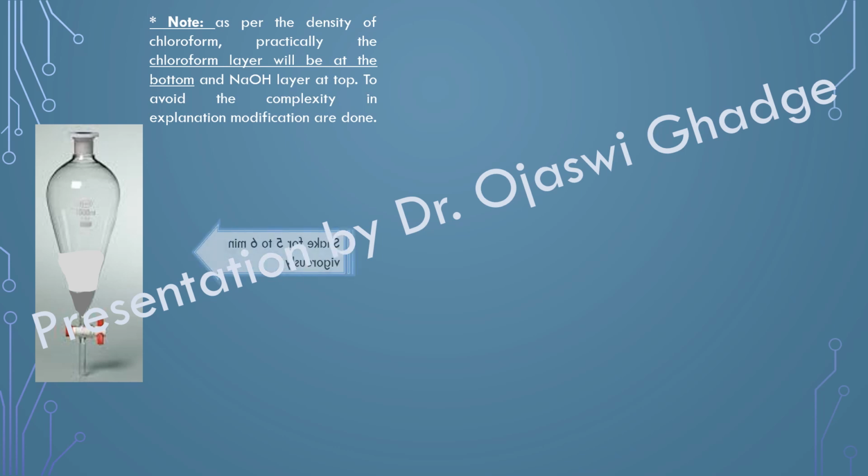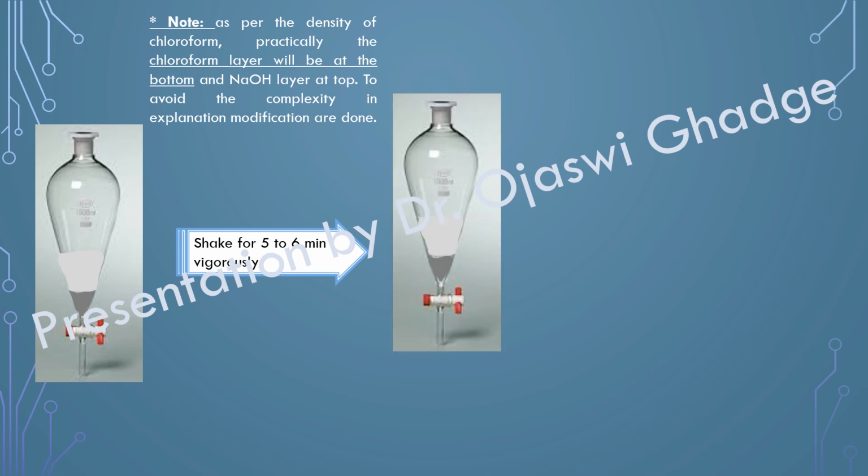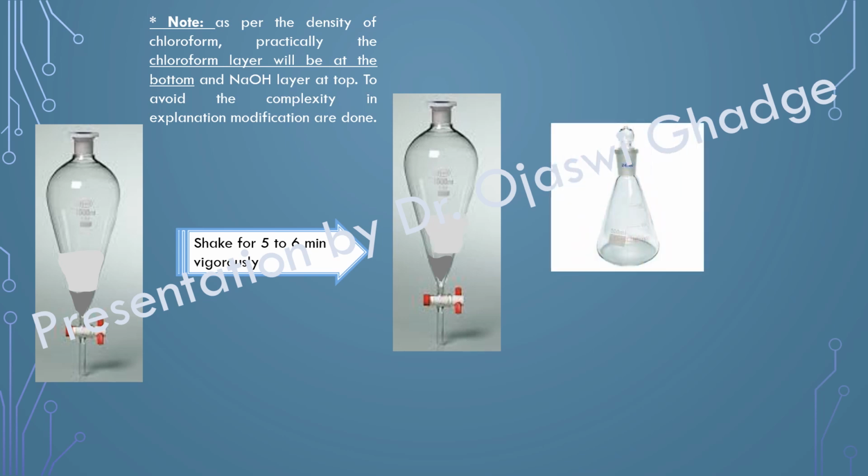After that, allow the separating funnel to stand unshaken for a few seconds. You will again find the two layers separating. Then the chloroform layer will be transferred into the stoppered conical flask.